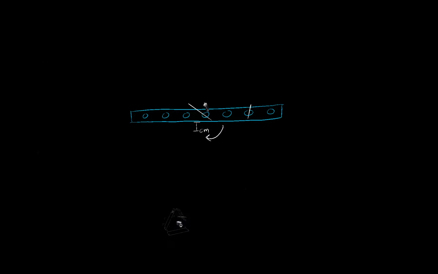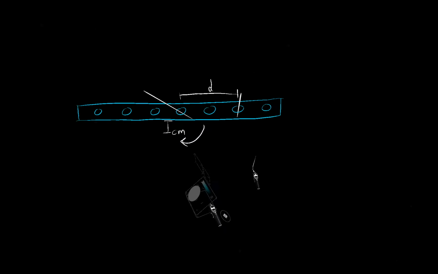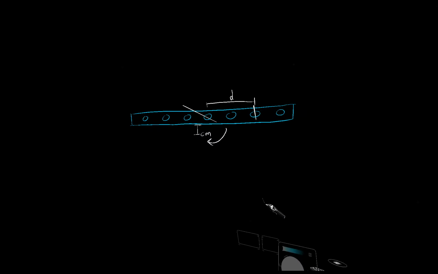Well, if we wanted to rotate it around this other one, a distance d away, this is another axis that we could rotate it around. It's not very computationally intense, is what I'm saying, to compute what this moment of inertia would be. So this would be I_P, a parallel axis.